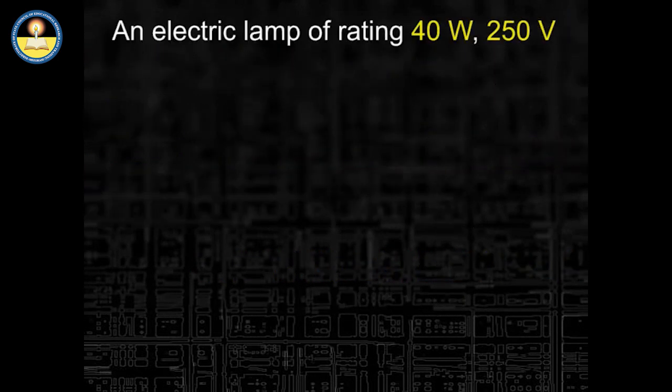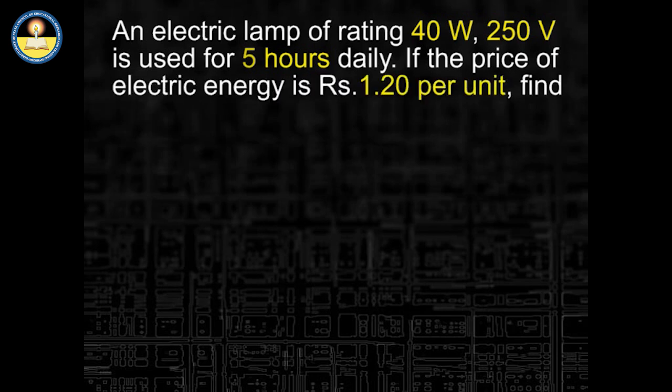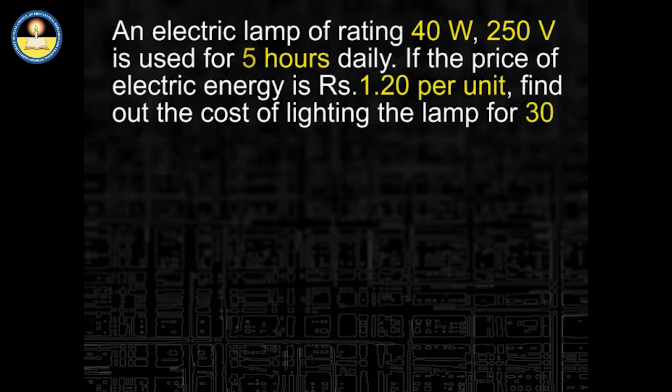In the next problem, an electric lamp of rating 40 watt 250 volt is used for 5 hours daily. If the price of electric energy is rupees 1 and 20 paise per unit, find out the cost of lighting the lamp for 30 days.